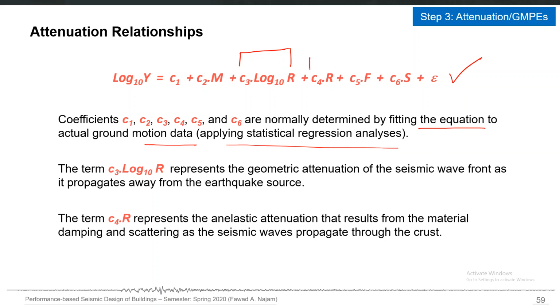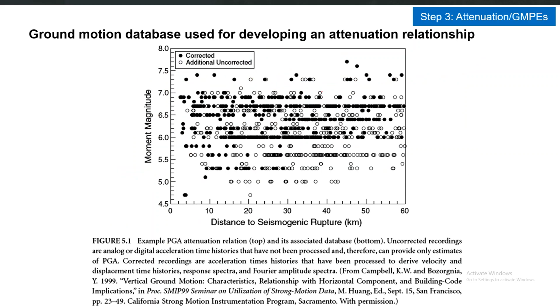But because R is coming twice here, the second term represents the anelastic attenuation that results from the material damping and scattering as the seismic waves propagate through the crust. So R basically has two effects, and they are quantified by different coefficients or constants of regression.